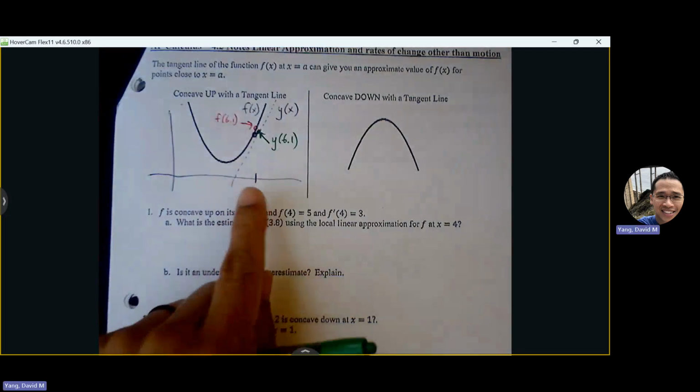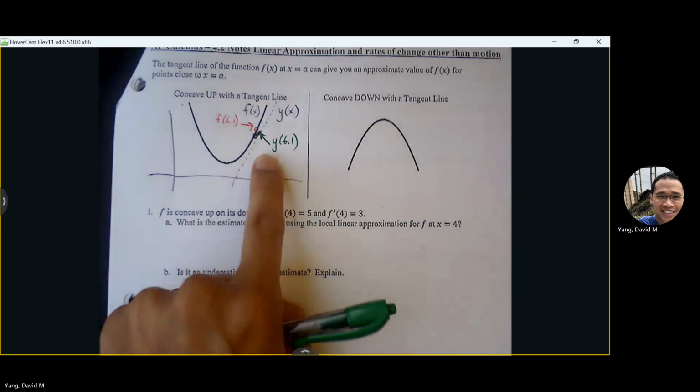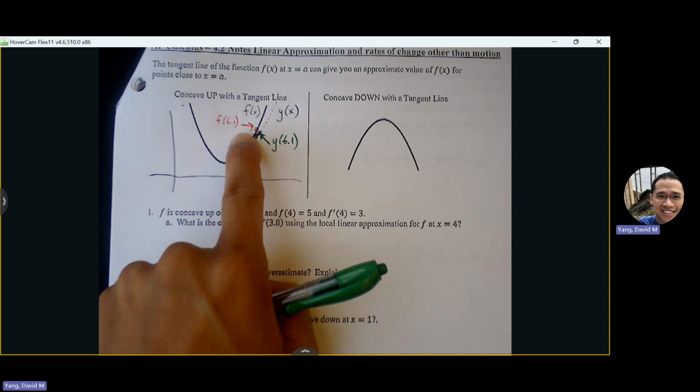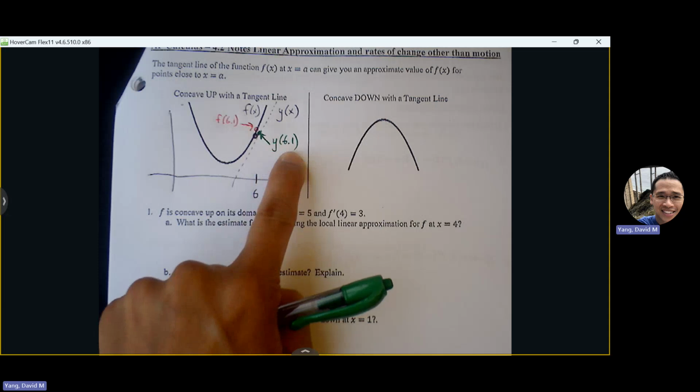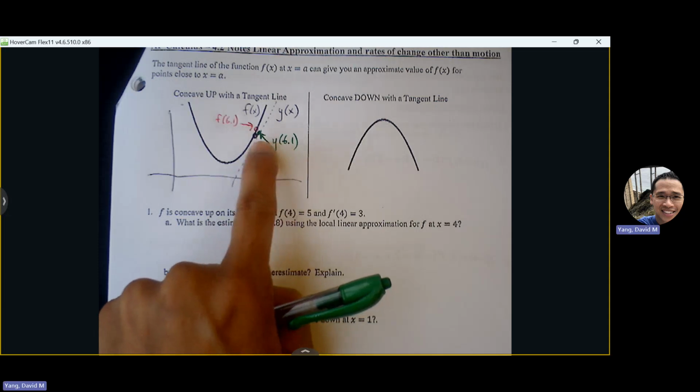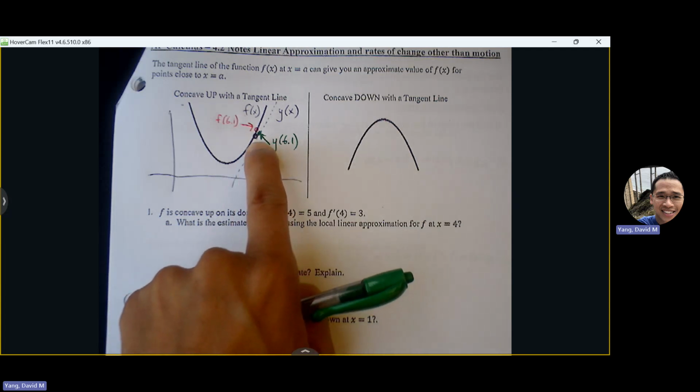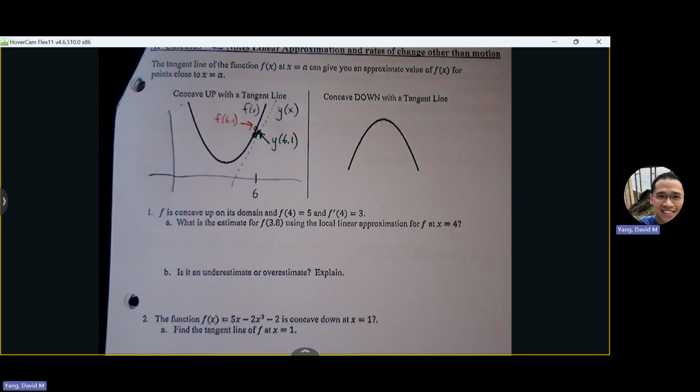Will they be the same value? Will the curve at 6.1 be the same y value as the line at 6.1? They're not. But it should be pretty close, right? Because we're close to the point of tangency. So we know that they meet exactly at 6.